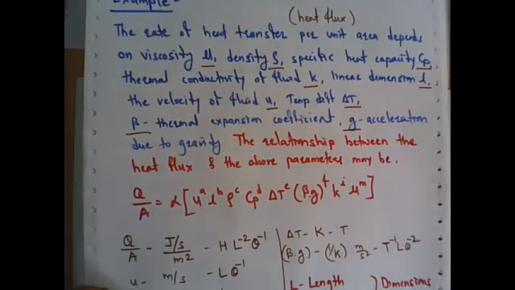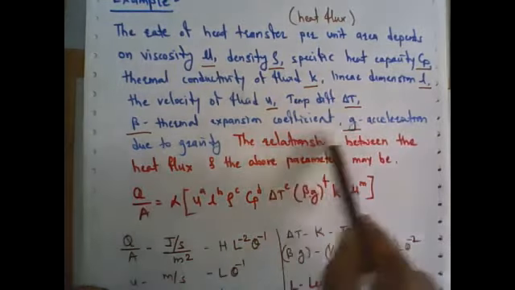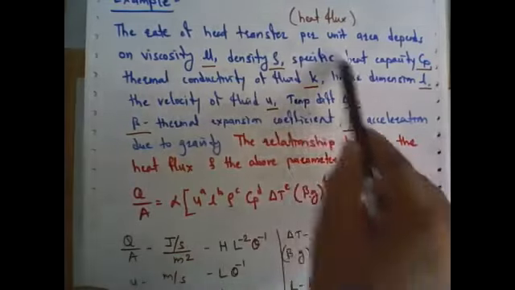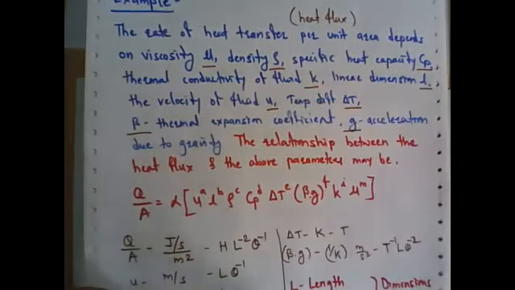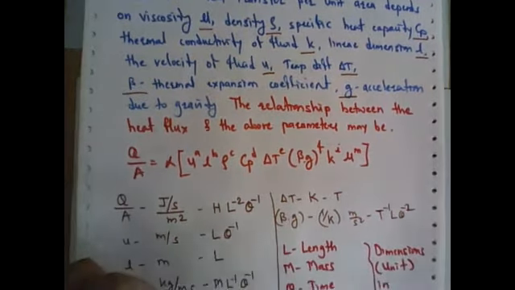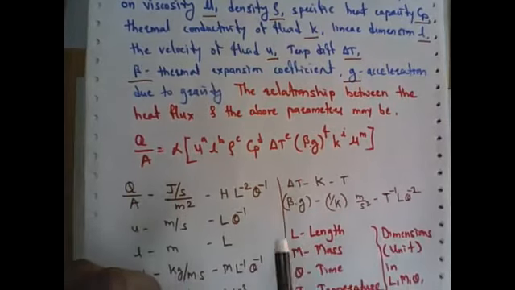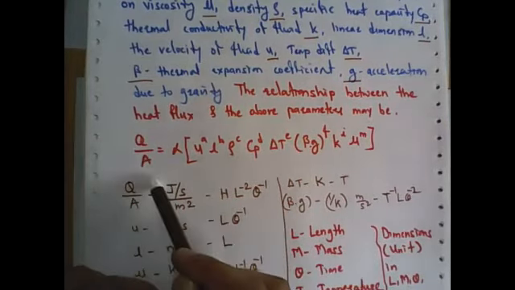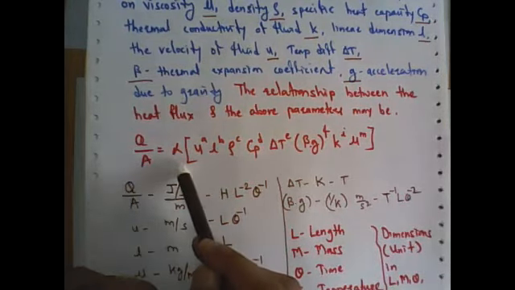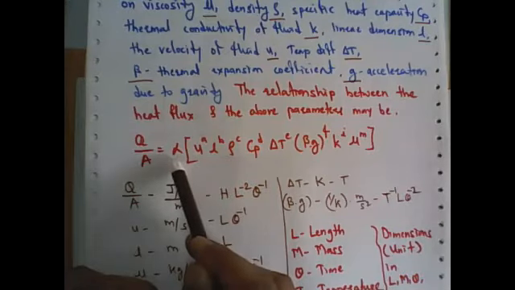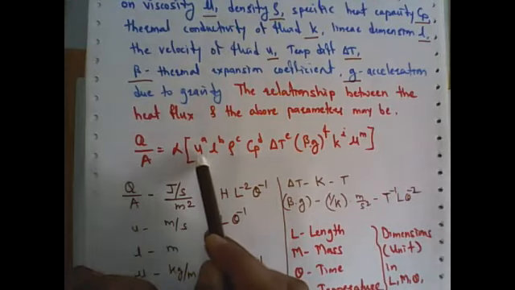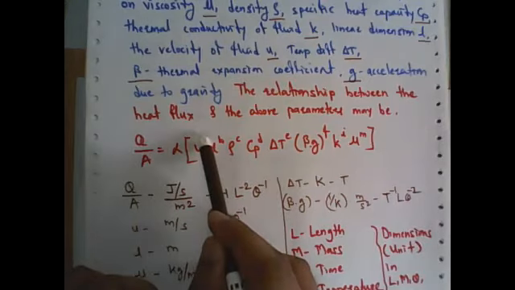Now our objective is to convert this number of variables into dimensionless groups. The relationship between this heat flux and these variables can be written as Q by A equals a proportionality constant alpha, times u, that is velocity, raised to small a.